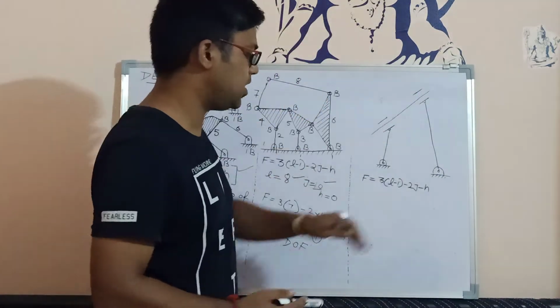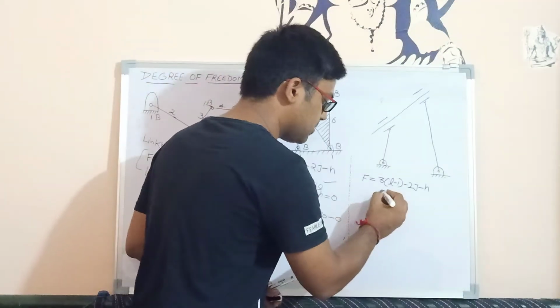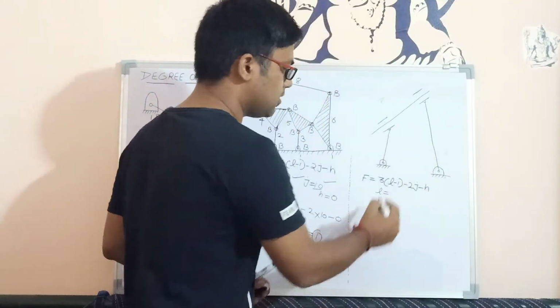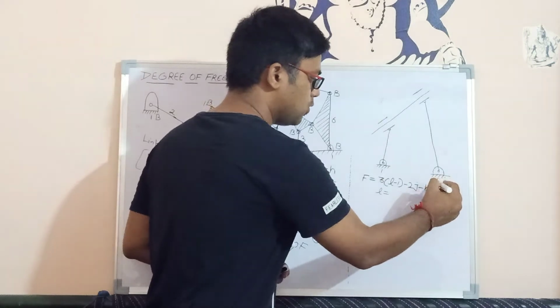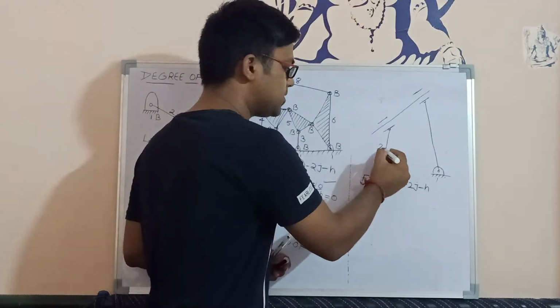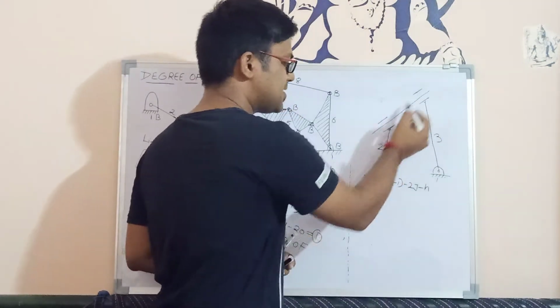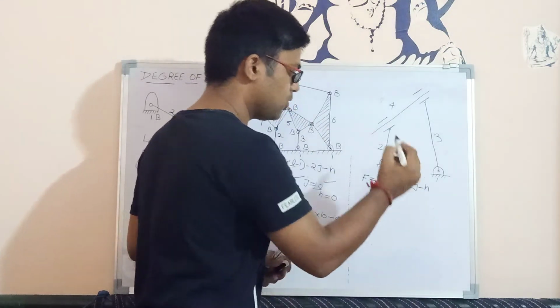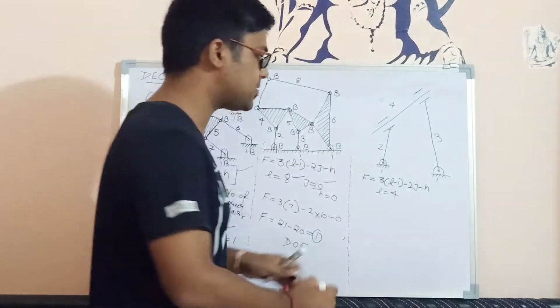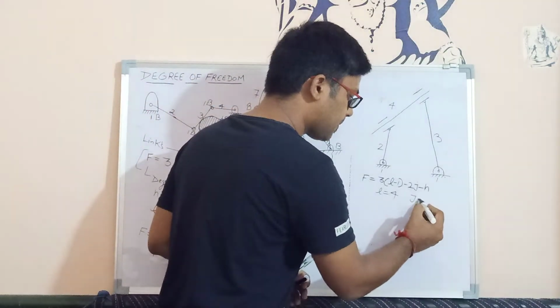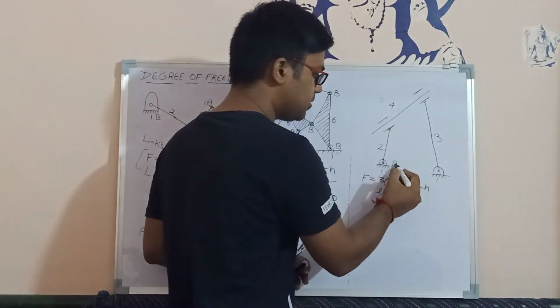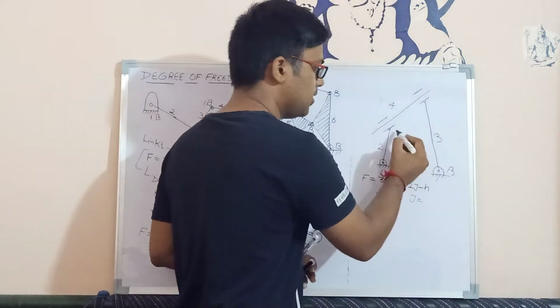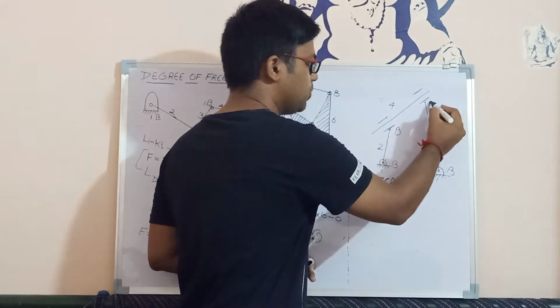So firstly, we have to find the value of number of links. So how many links are there? Fixed link 1, this is going to be 2, this is going to be 3. This is a slider basically, this is going to be my link 4. So how many links are there? 4. And how many joints are there? One binary joint, second binary joint, third binary joint and fourth binary joint.